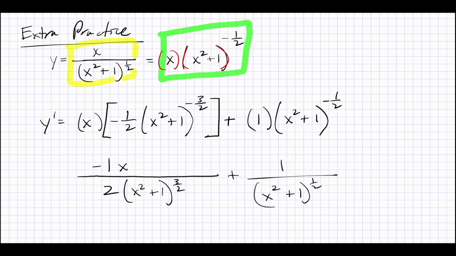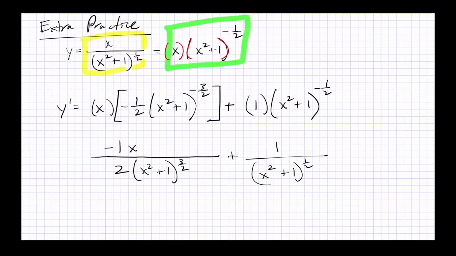If you use quotient rule, this is what you got as an answer. If you use quotient rule, you got 1 fraction instead of 2. And you would have gotten, where is it? 27.